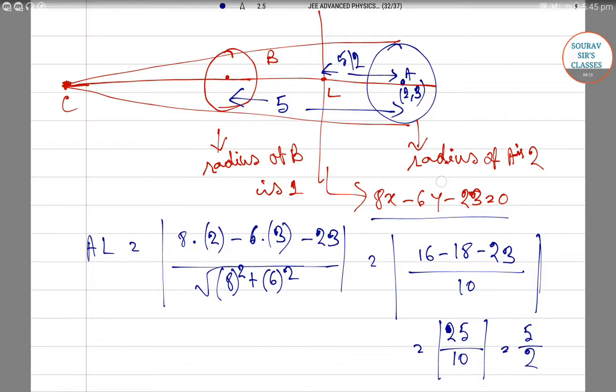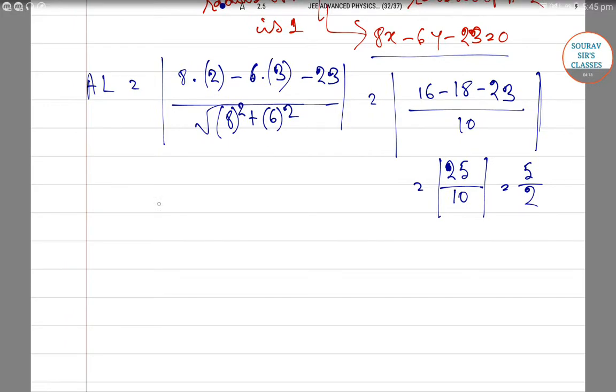So AB is 5. We can write CB by CA equals 1 by 2, as the radius of circle A is 2 and the radius of circle B is 1.